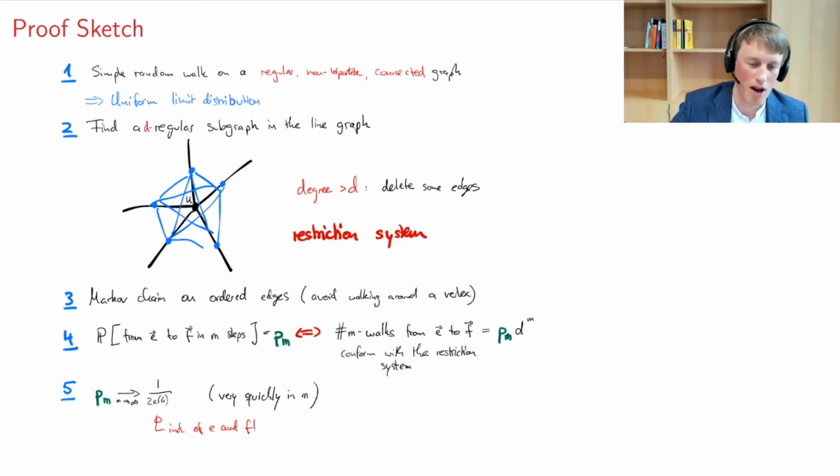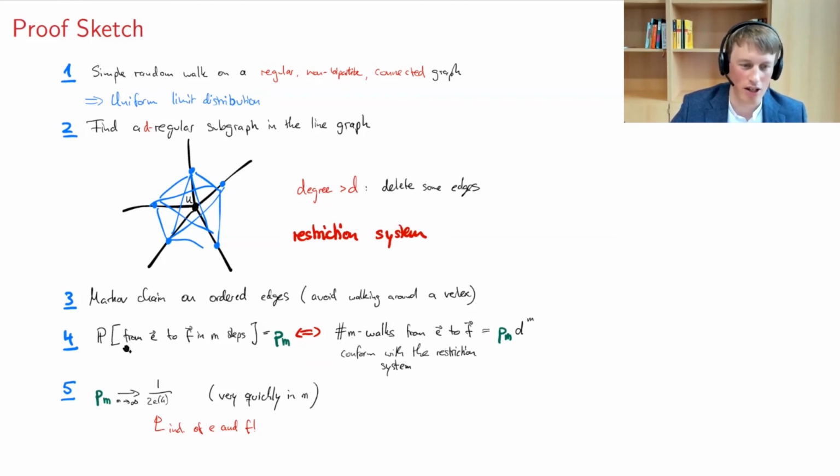Let's just take a subgraph which is regular, a d-regular one, and take d small enough that I can take a d-regular subgraph in each clique which sits on every vertex. This gives me a regular subgraph of the line graph. For technical reasons, we also need the states to be ordered edges, but let's believe that this is somehow sensible.